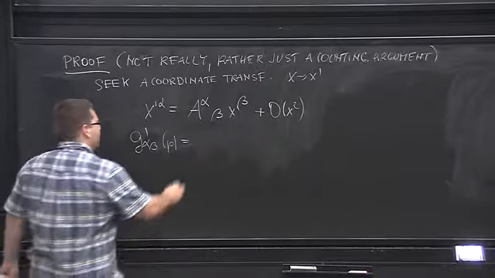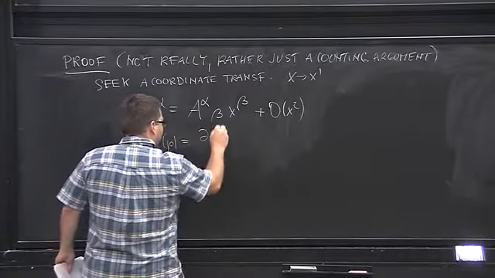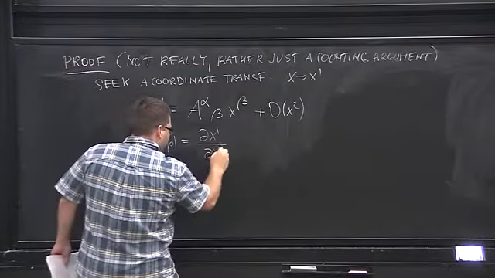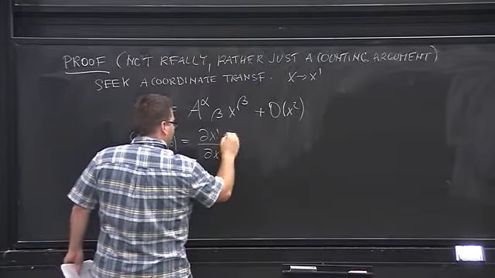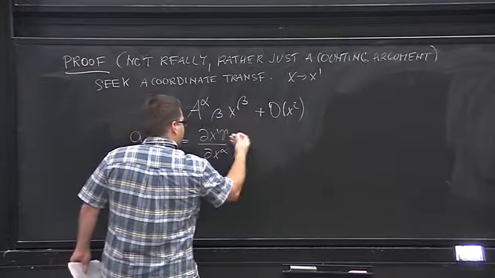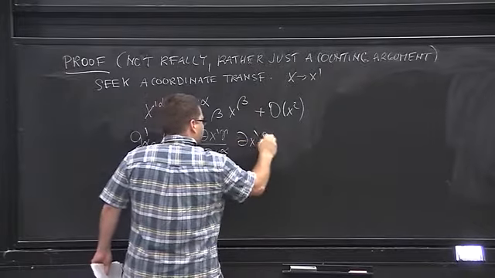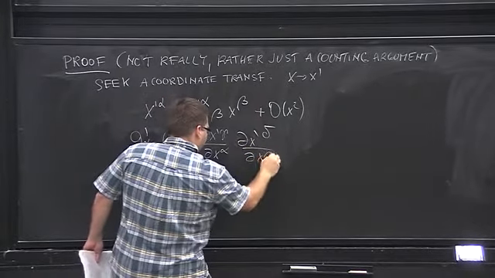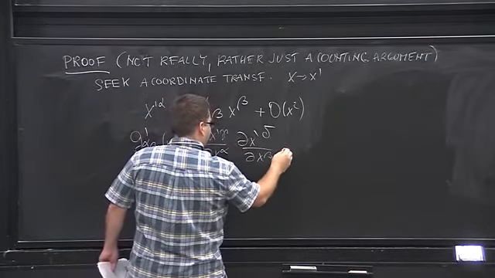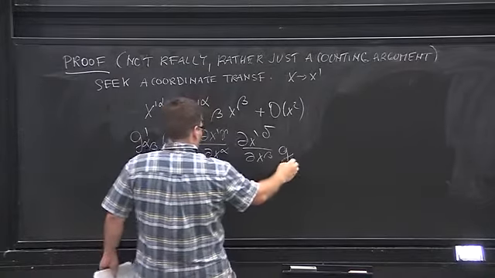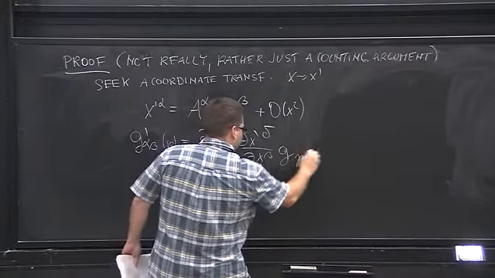Okay, so this is dx prime alpha over dx gamma, dx prime delta over dx beta, g gamma delta.